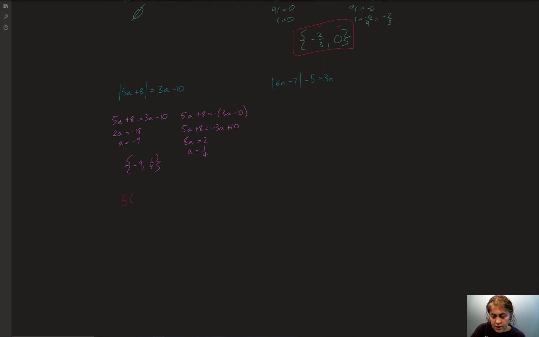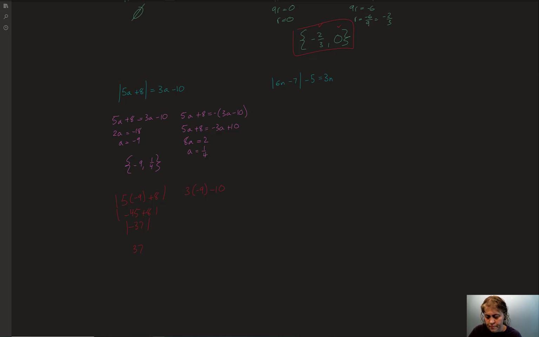So 5 times negative 9 plus 8 is negative 45 plus 8, which is negative 37. So this is all absolute value, so that would turn into a positive 37. 3 times negative 9 minus 10.